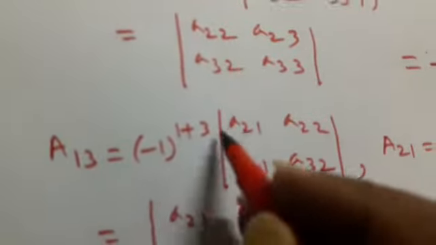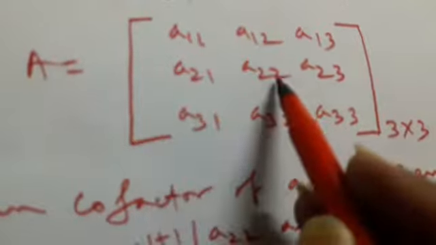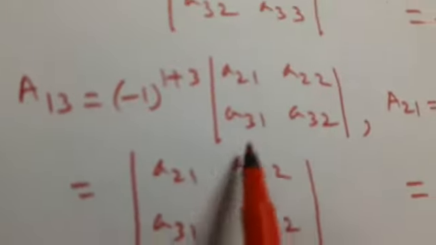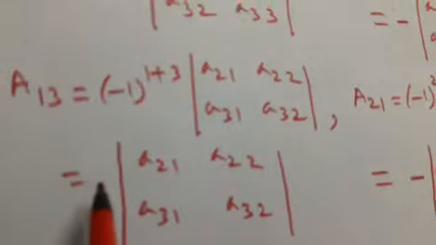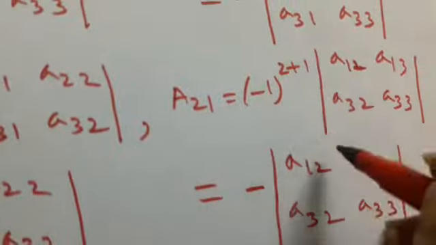Now we calculate A13, with (-1) to the power 1 plus 3. Removing the row and column, the remaining elements will be A21, A22, A31 and A32, and the sign will be positive. Now we calculate A21, with (-1) to the power 2 plus 1.